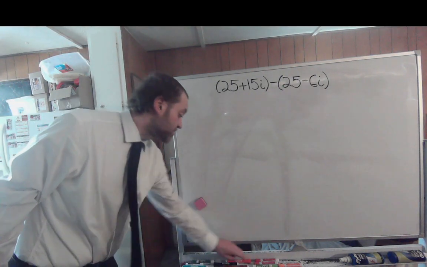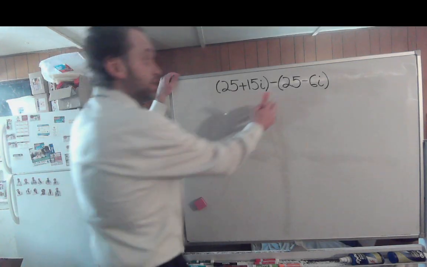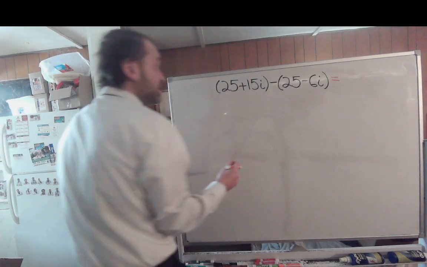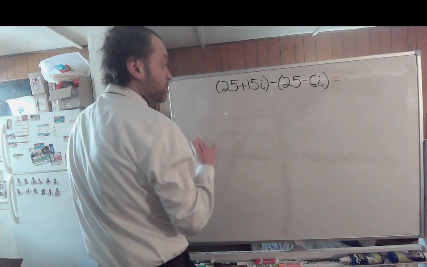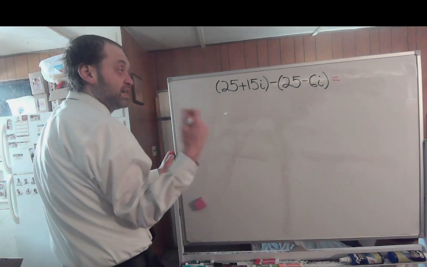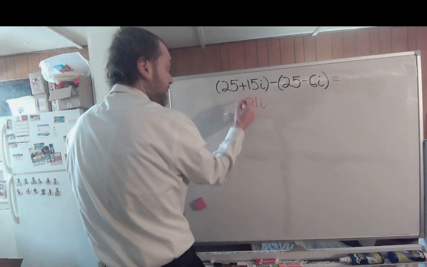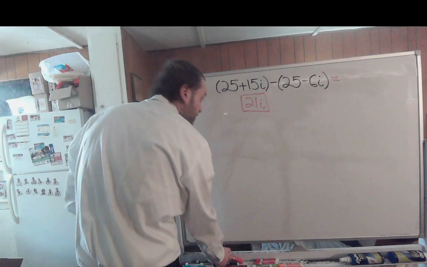All right, so we have two complex numbers here, 25 plus 15i minus 25 minus 6i. So collect your like terms. 25 minus 25 is simply 0. We don't have to write that, but 15i minus negative 6i is 15i plus 6i. That would just give you 21i. And that would be considered in standard form. You just get 21i for your answer.